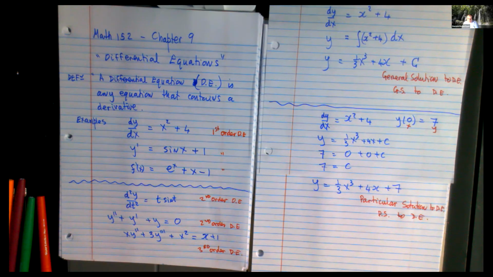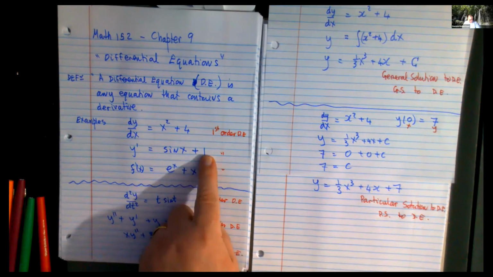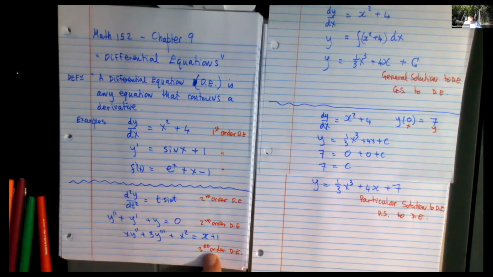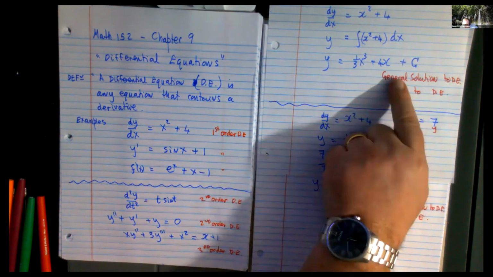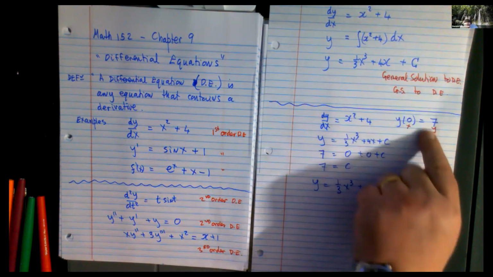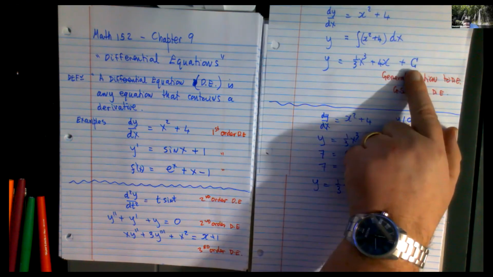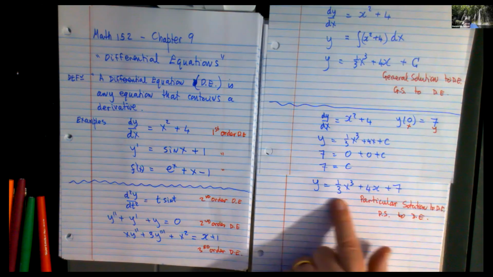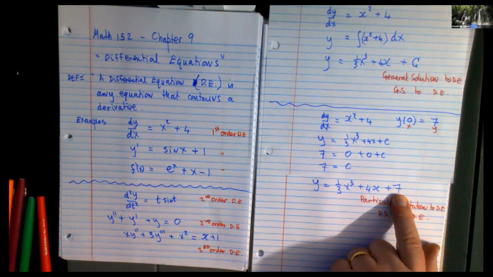Any questions so far? We're just getting used to the nomenclature, right? The language of differential equations, what things are called. Are you comfortable about how you name them by the highest derivative? How when you solve them, there's two kinds of solution. There's the general solution. That's the ones that have a plus C in them. And then there's a particular solution where the plus C turns into a specific number.